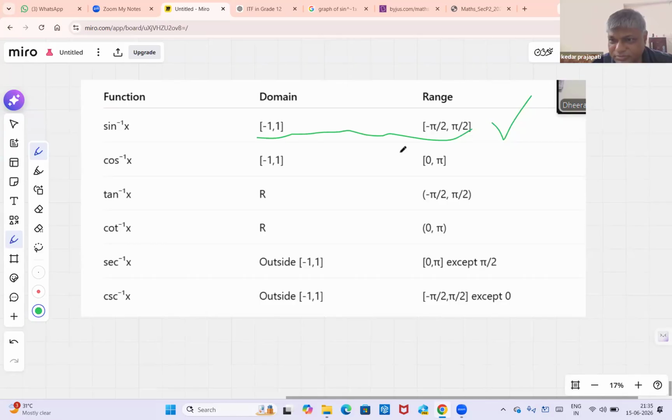Next class we'll understand cos inverse x, tan, cot, sec, cosec, and after that we'll start doing questions.